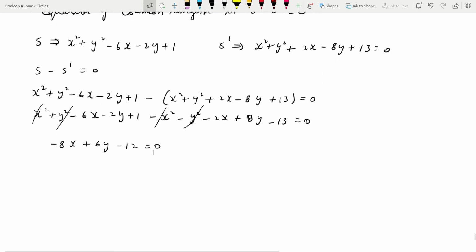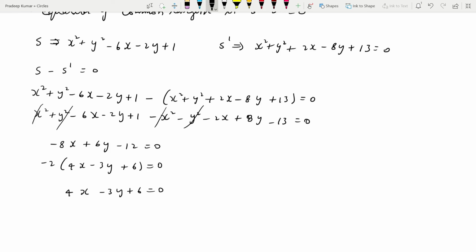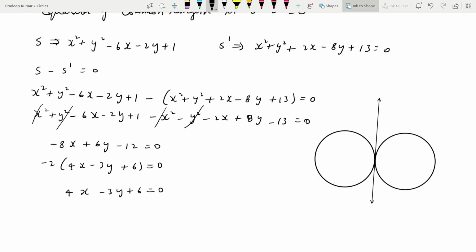If I take minus 2 common, I get 4x minus 3y plus 6 equals 0. Sending minus 2 to the other side, 0 by minus 2 is 0. So the remaining equation we got is 4x minus 3y plus 6 equals 0. This is the equation of the common tangent for both of the circles.